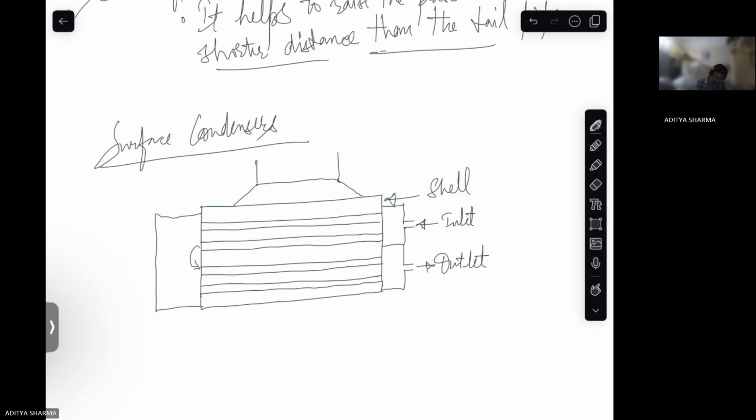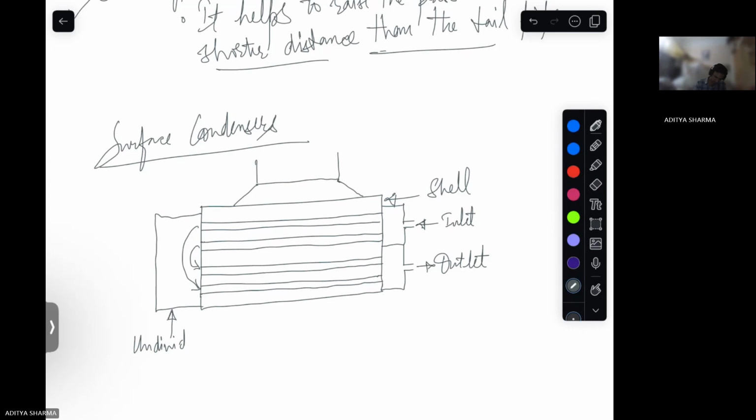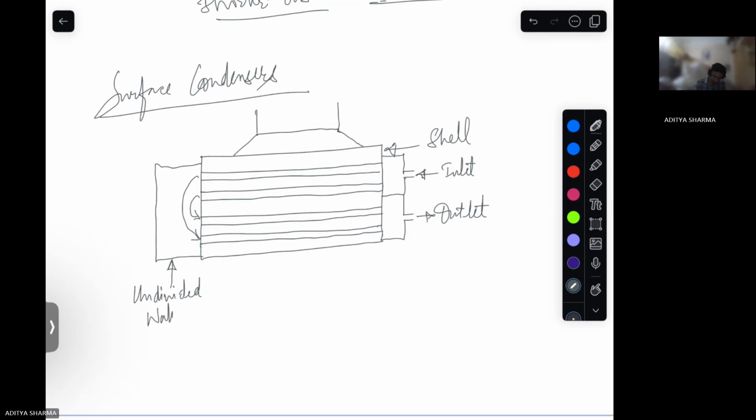Okay. So this is your undivided water box. Okay. And this is your divided water box.